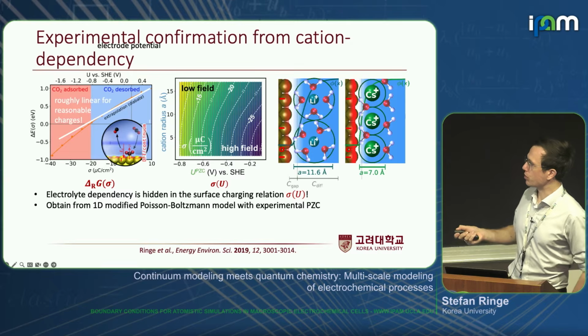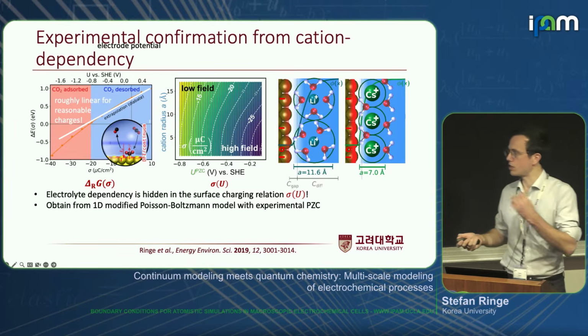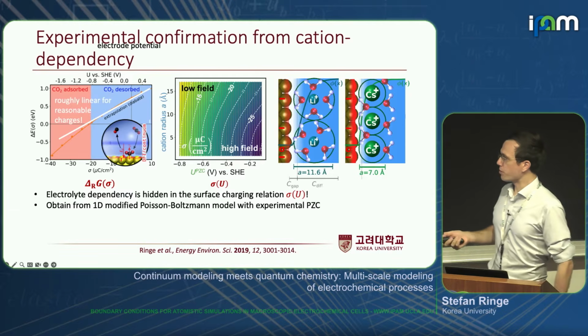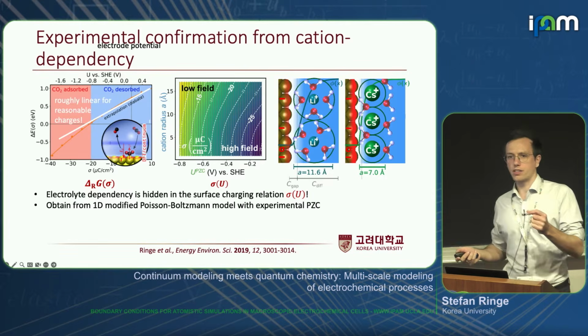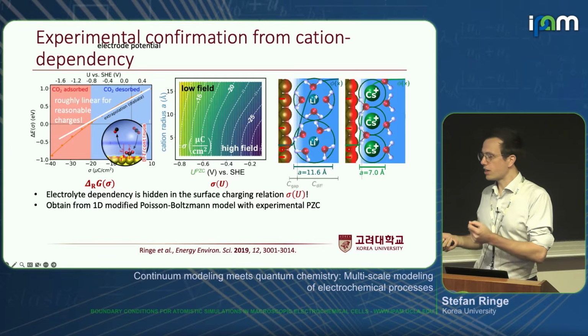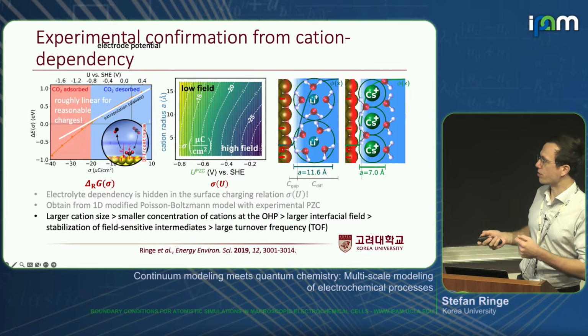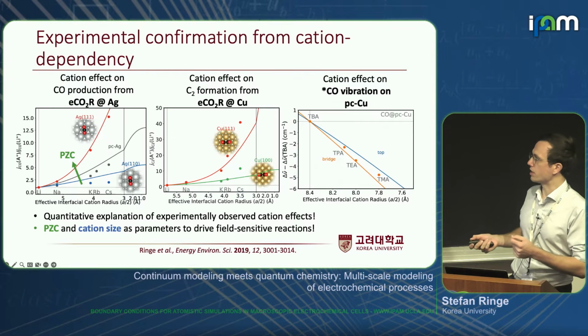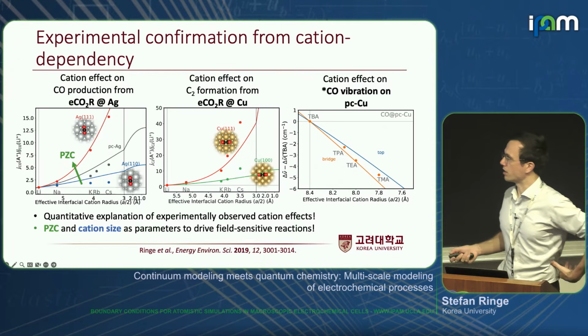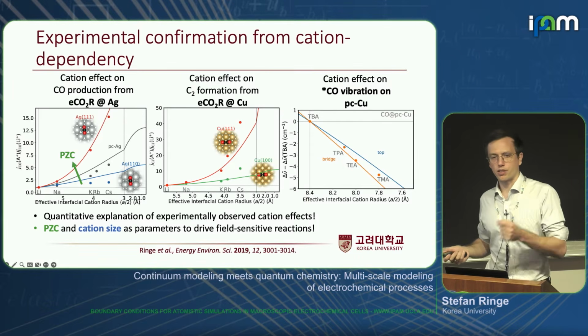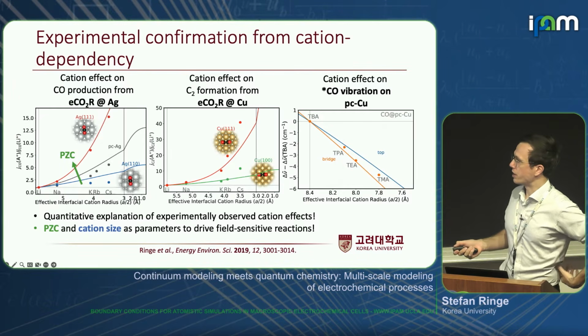And also, if you shift the PZC more positively, you increase the amount of charge on the surface. So that means you can actually now calculate the adsorption energy as a function of cation size directly. And we can also then estimate the electrocatalytic activity for CO2 reduction, because CO2 adsorption is actually the rate limiting step. And that's what we did here.